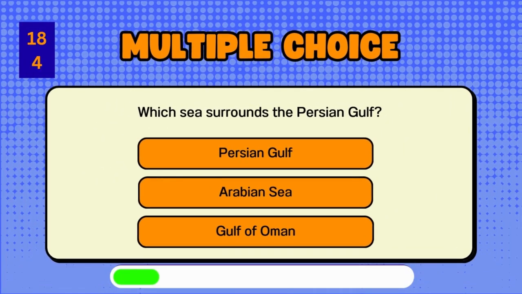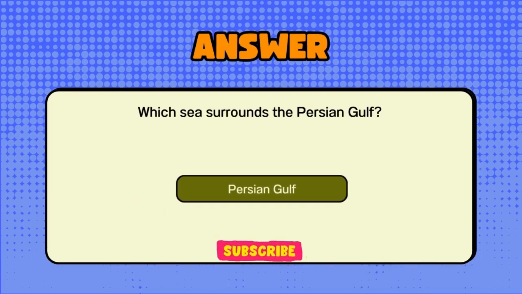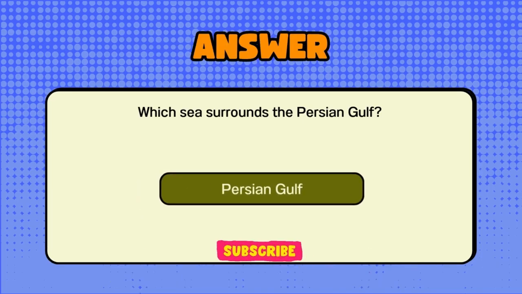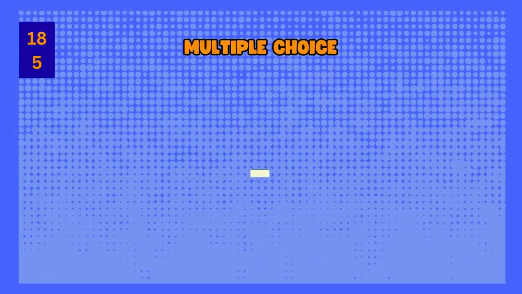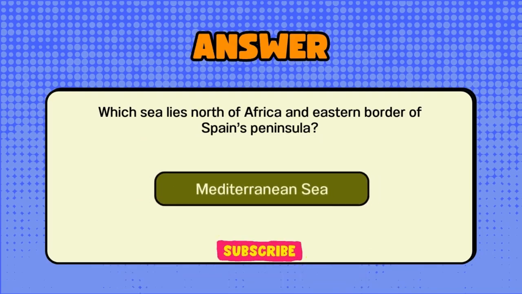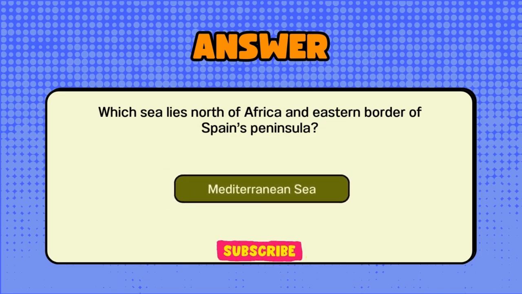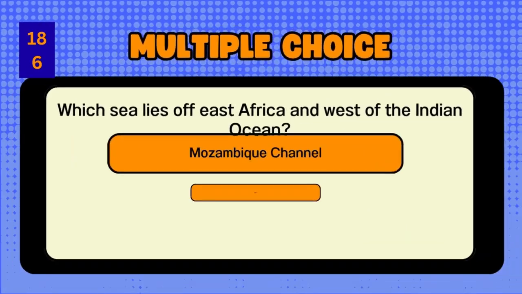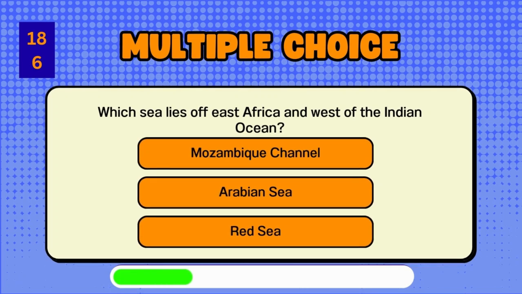Which sea surrounds the Persian Gulf? Which sea lies north of Africa and eastern border of Spain's peninsula? Which sea lies off East Africa and west of the Indian Ocean?